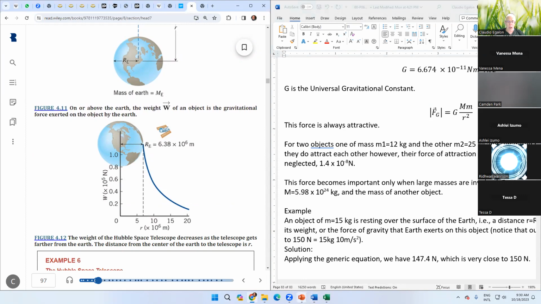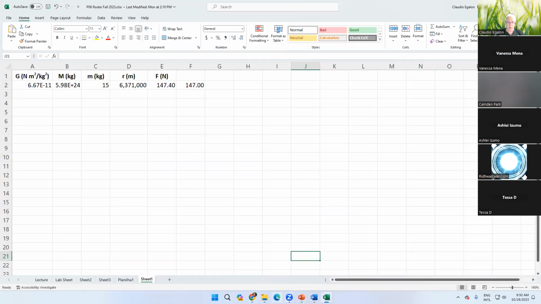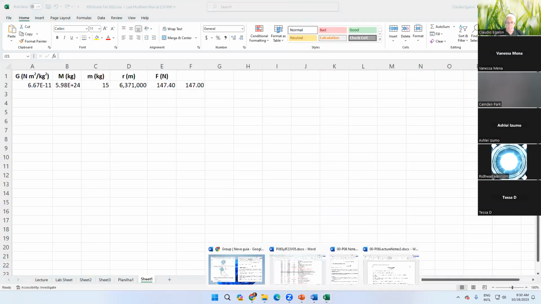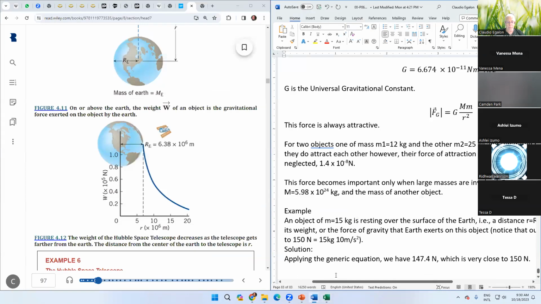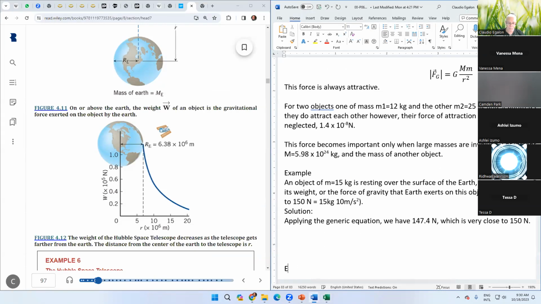We can also plot the force of gravity on an object versus its distance.